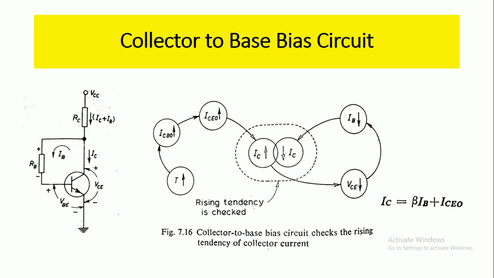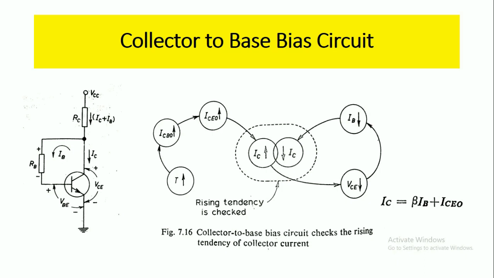But this circuit is not used. Why? This circuit has a tendency to stabilize the operating point against temperature and beta variations. But the circuit is not used very much, because the resistor RB not only provides a DC feedback for stabilization of the operating point, it also causes an AC feedback.